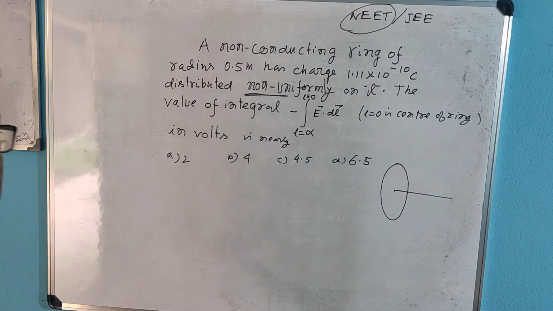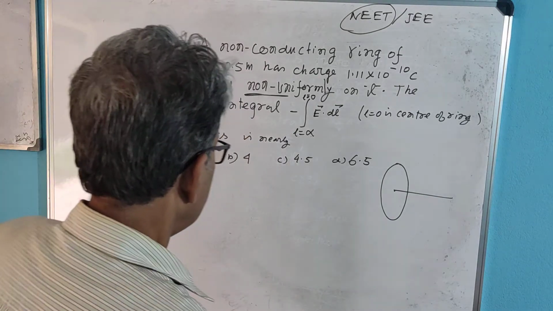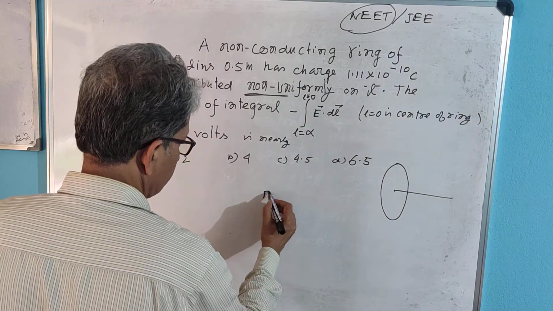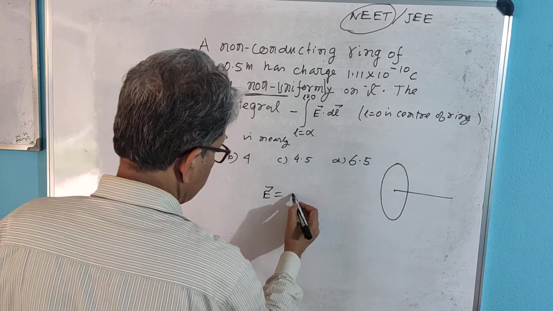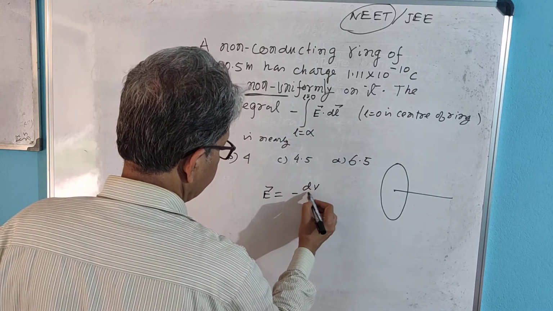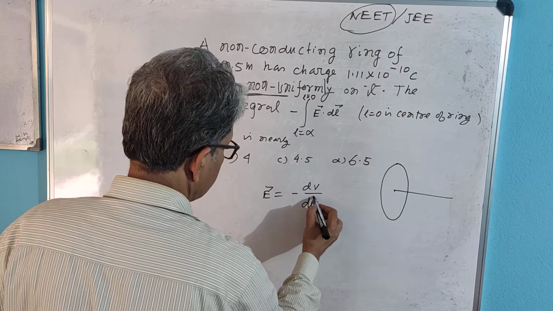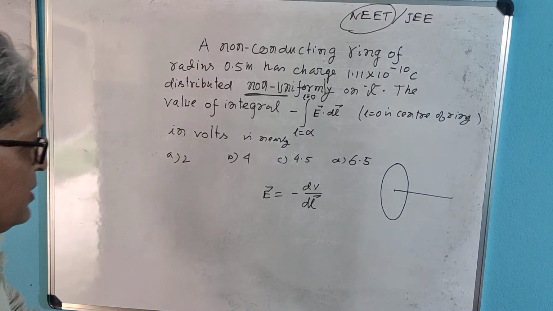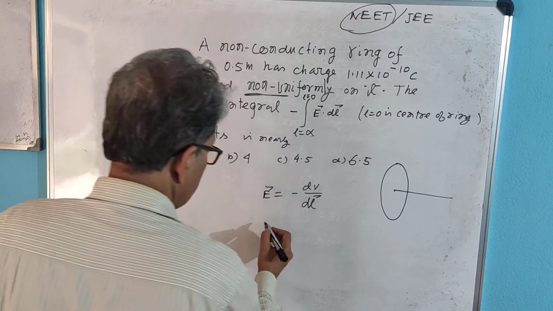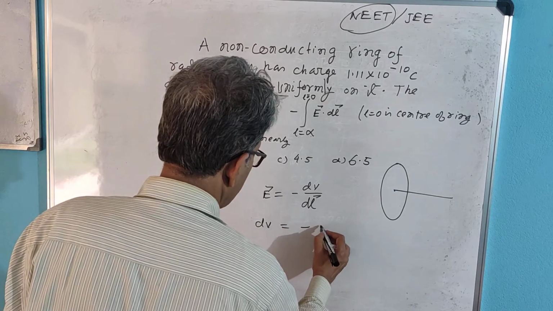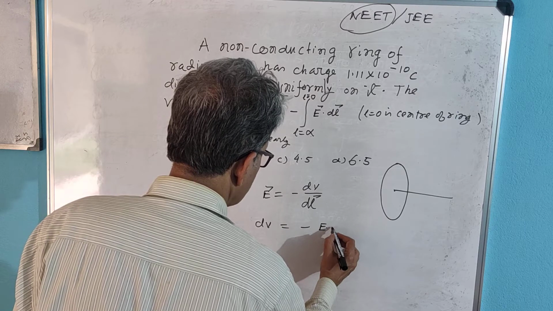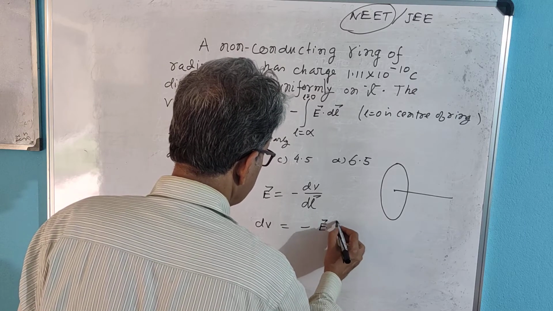If you go by the definition, in this context, as it is written dl, I shall write dV. E is a vector quantity, V is a scalar quantity. So dV equals minus E dot dl.